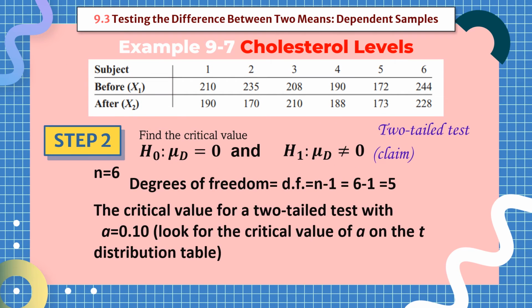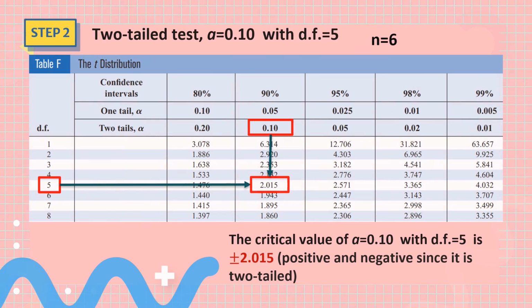So next step, step 2, find the critical value. Our n is 6 since we have 6 subjects. Our degrees of freedom, df, is n minus 1, which is 6 minus 1, equal to 5. So our degrees of freedom is 5. For the critical value of a two-tailed test with alpha 0.10, we're going to look at the t-distribution table.